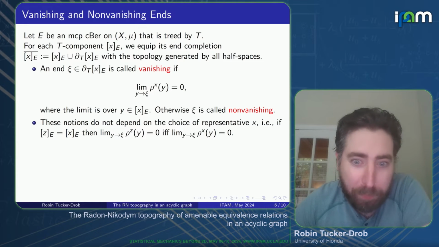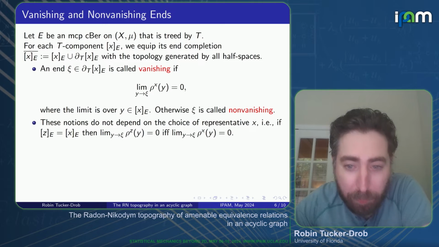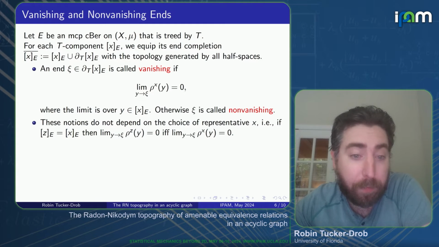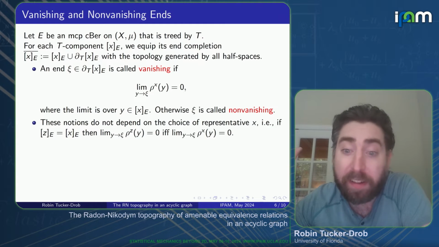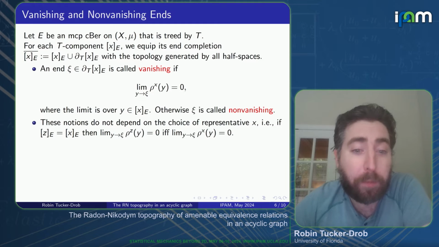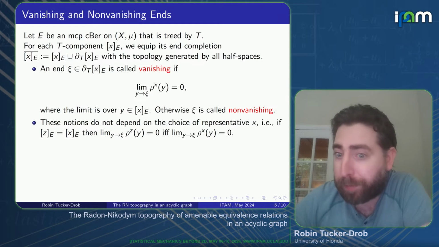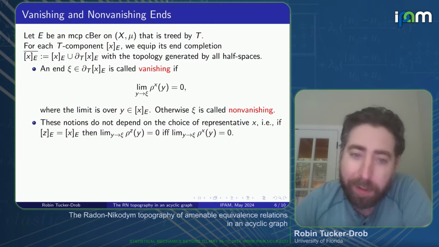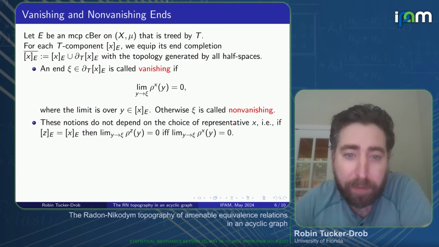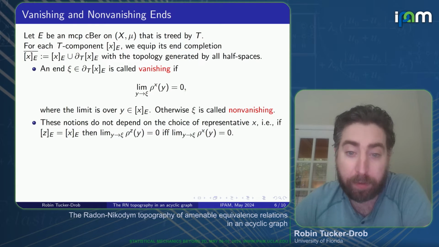That's just because of the cocycle equation: rho z of y and rho x of y only differ by a constant ratio, namely rho x of z. So one limit being 0 is the same as the other limit being 0. So even though we defined it by choosing a base point, it's a base point free notion.